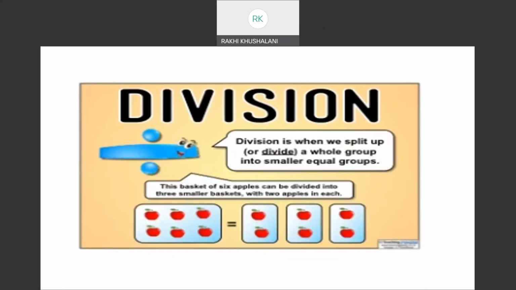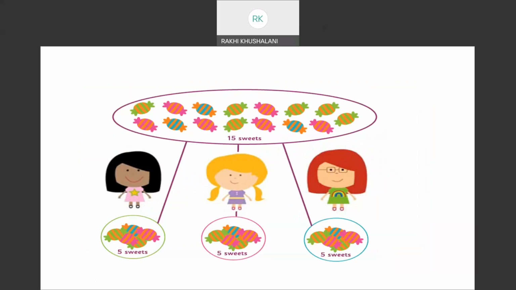Division. Division is when we split up or divide a whole group into smaller equal groups. The basket of 6 apples can be divided into 3 similar baskets with 2 apples in each. You can see that. Again, there are 15 sweets. I'm distributing the 15 sweets among 3 sweet cute girls.